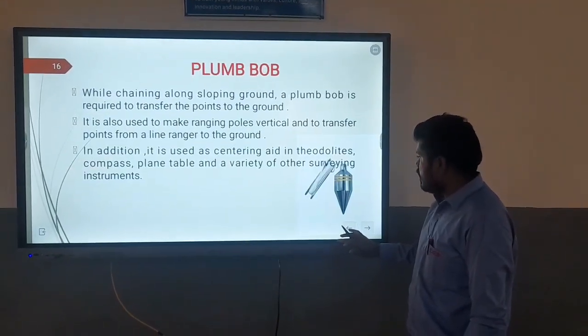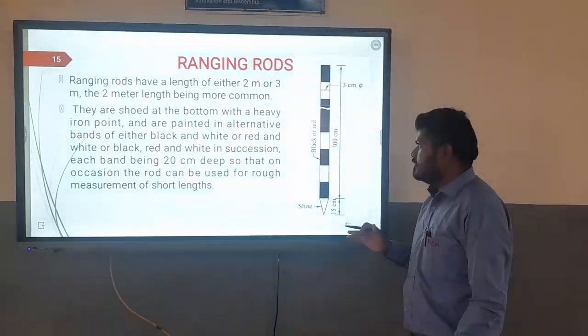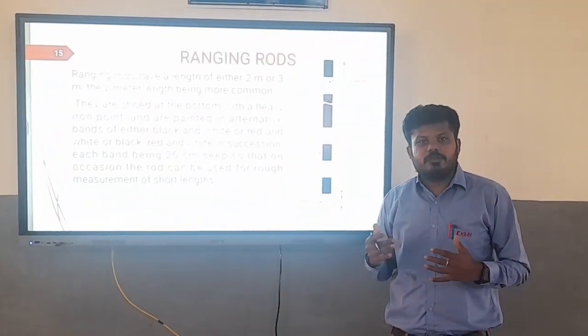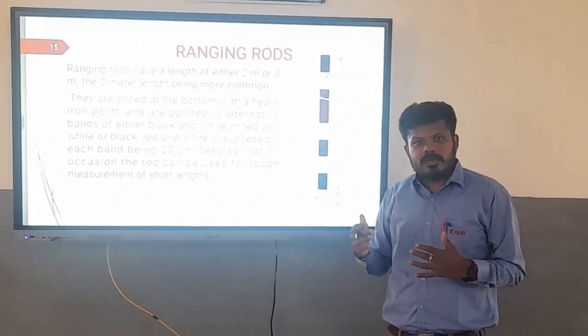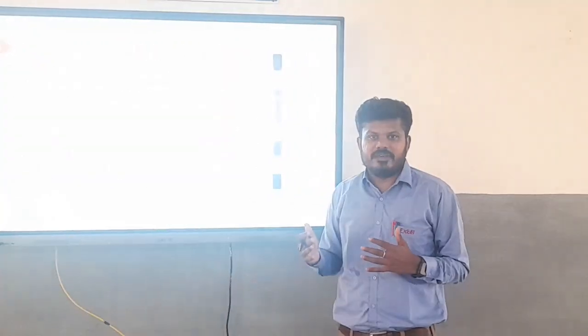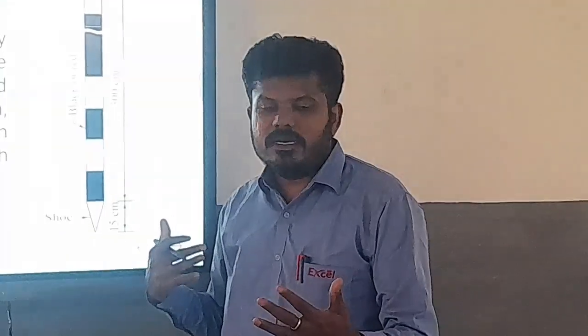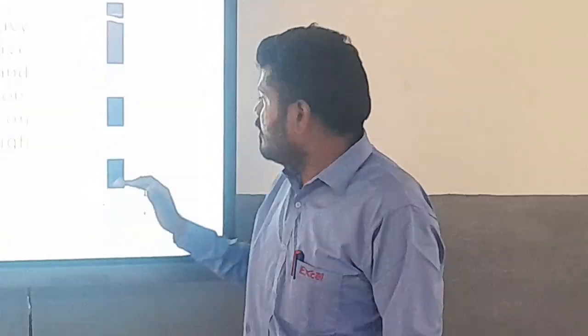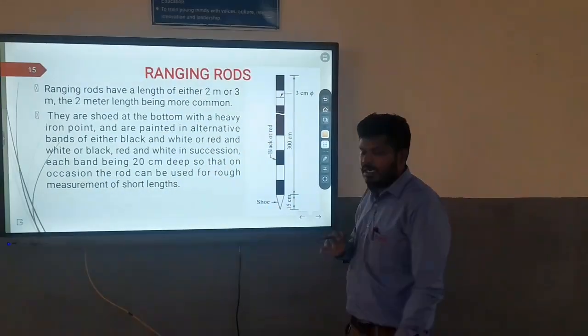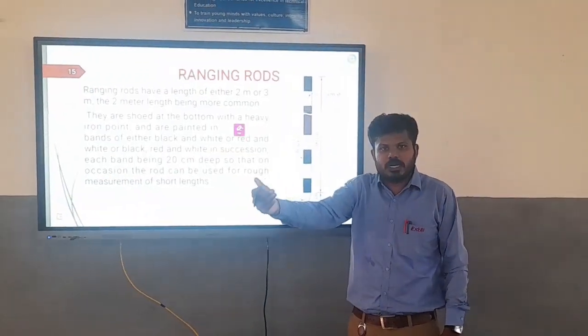How we use the ranging rod: it consists of two colors, white and black, or white and red, or black and red. The colors vary. The colors are chosen for the visibility of the ranging rod from a distance. For example, we place an instrument at one end and the ranging rod at the other end.